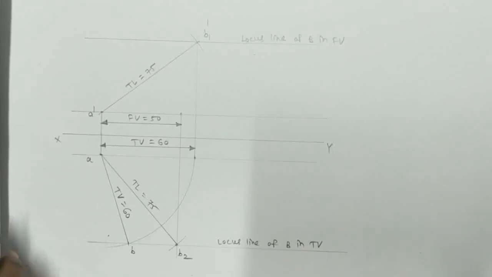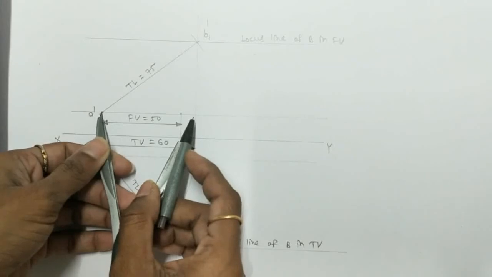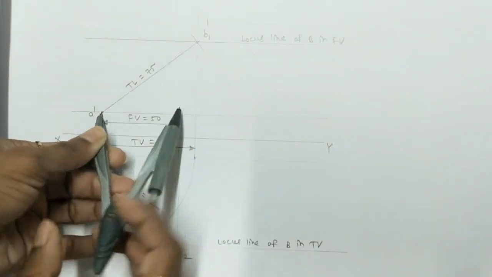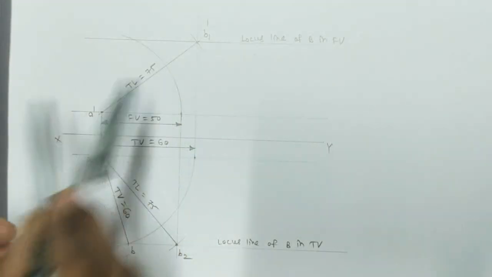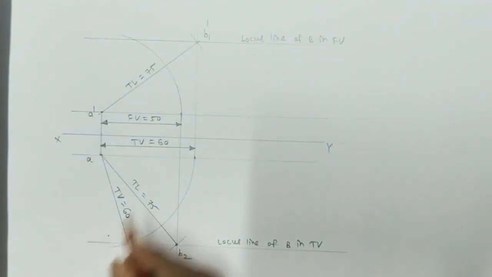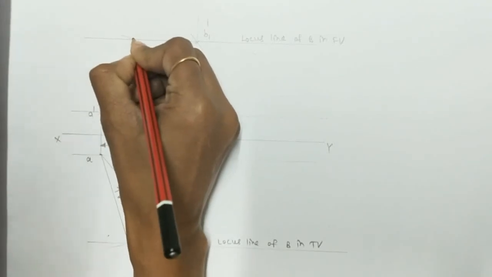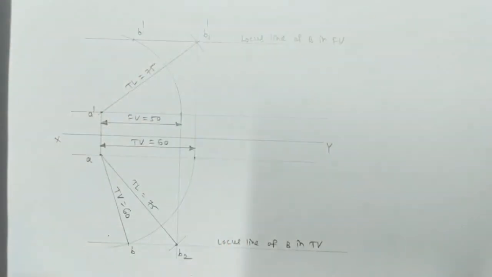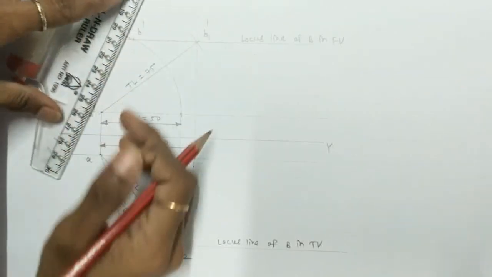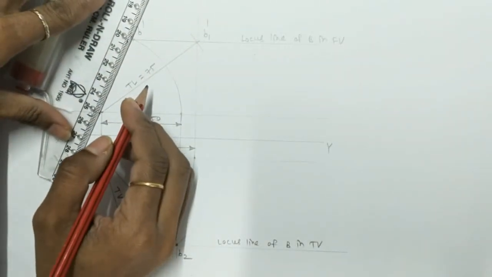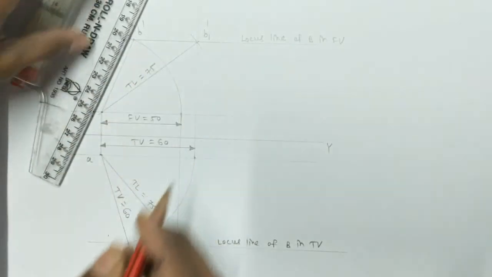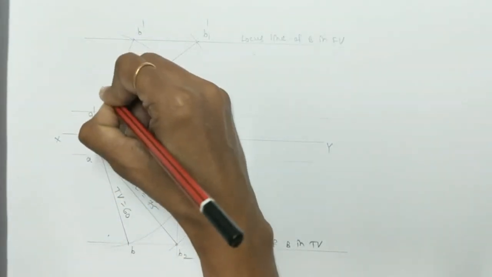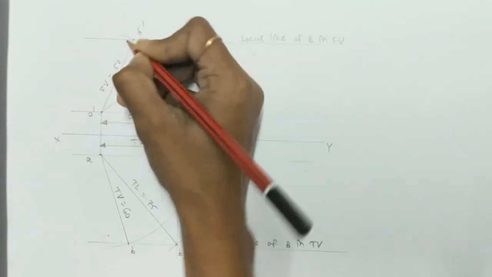Now same procedure we have to follow for front view. So this distance shows 50. Draw an arc up to the locus line of B in front view and give name to this as point B dash. Now join A dash B dash, which is the front view having distance 50.